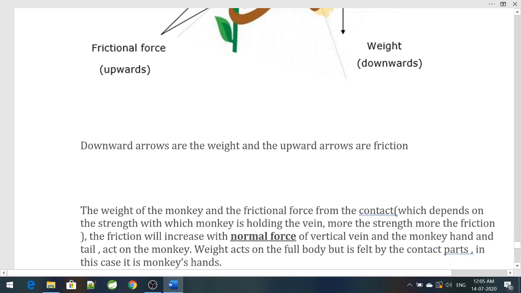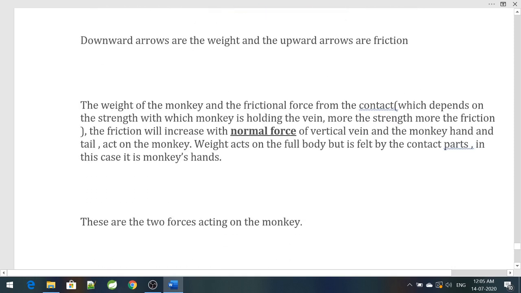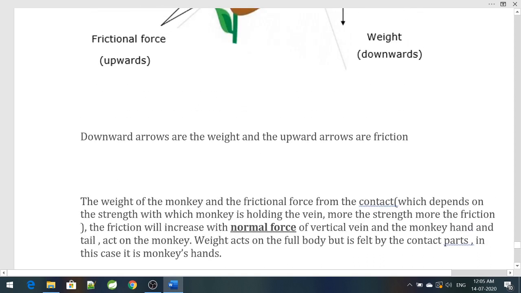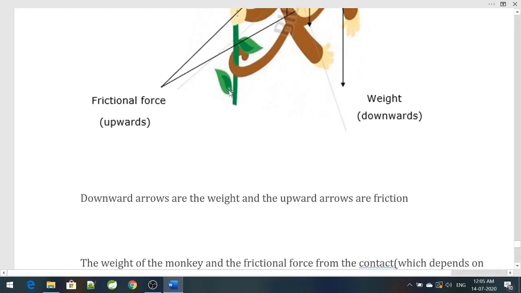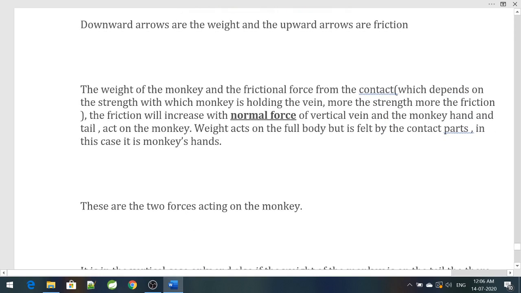The downward arrow is the weight and the upward arrow is friction. Two forces: the weight of the monkey and the frictional force from the contact, which depends on the strength with which the monkey is holding the vine. The vine is used like a stem. The more the strength, the more the friction.